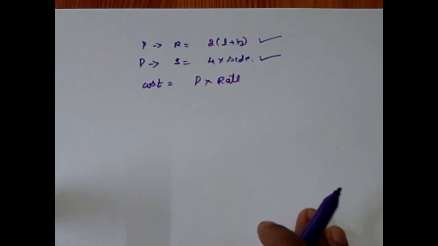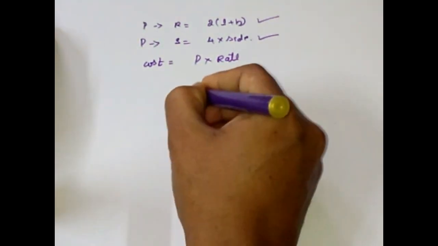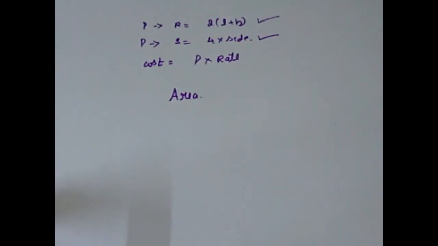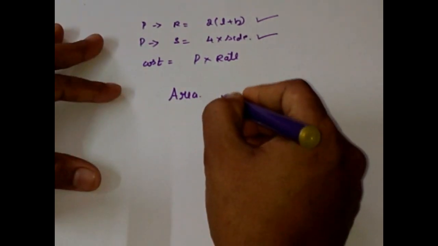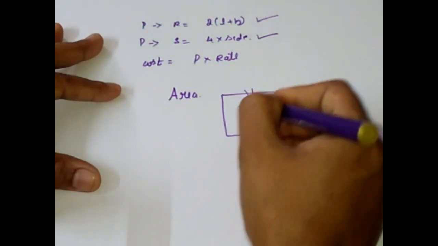So in today's class, let us discuss the last topic, that is area. Area can be calculated for irregular figures as well as regular figures, but as per the syllabus, we have only the area of two geometrical figures, namely the rectangle and the square. In a rectangle, the measures of opposite sides are equal.